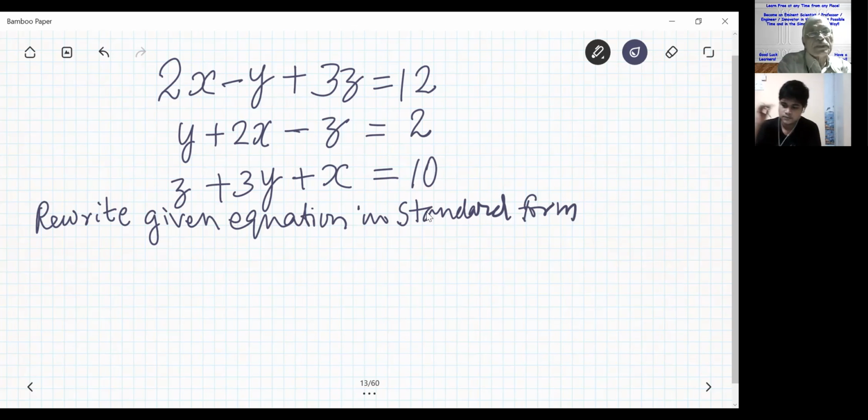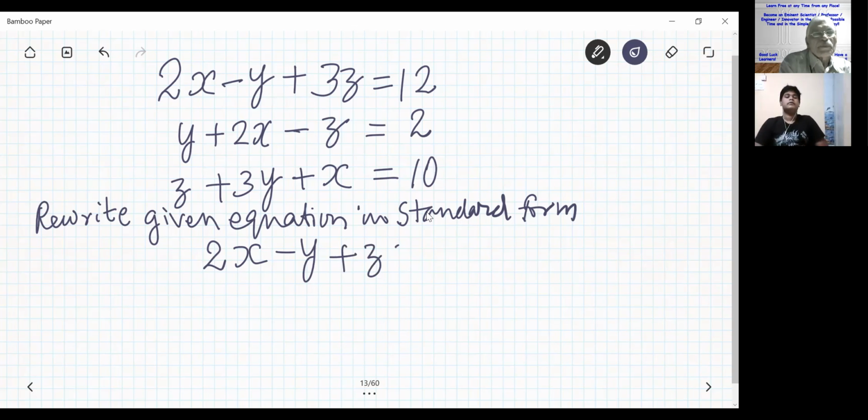Write the given equations in the standard form. So first one appears to be all right. We write it as it is: 2x minus y plus 3z is equal to 12.